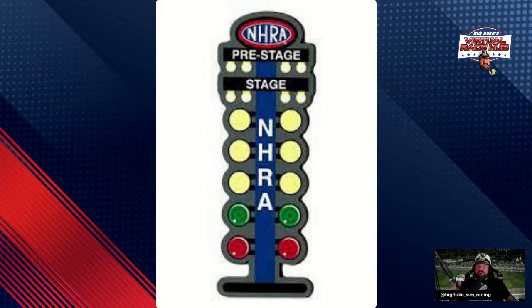So this is a Christmas tree. This is the starting mechanism for a drag race. Any drag race that you see, NHRA is going to have a Christmas tree, and that's how the races are going to be started. Generally speaking, a racetrack is 1,320 feet long, a quarter mile, except for Funny Car and Top Fuel.